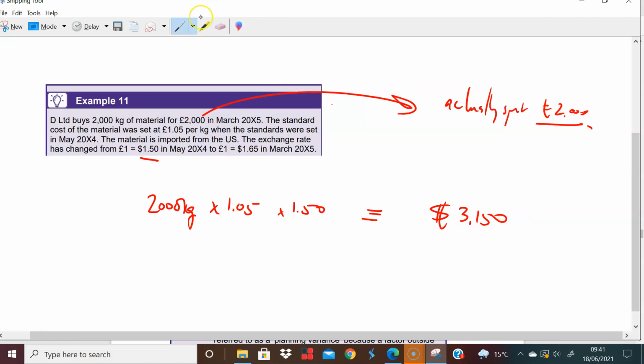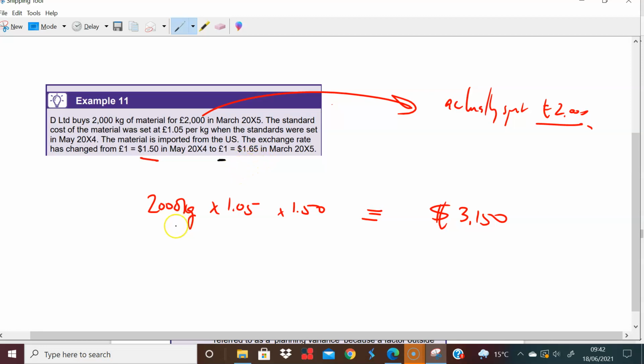Now, I'll just change my pen color here. So currently, 2,000 kilograms at £1.05 at the exchange rate gives you this. Now, the exchange rate here says that it's changed. And actually, what happened was when you bought the goods, a pound could get you more.